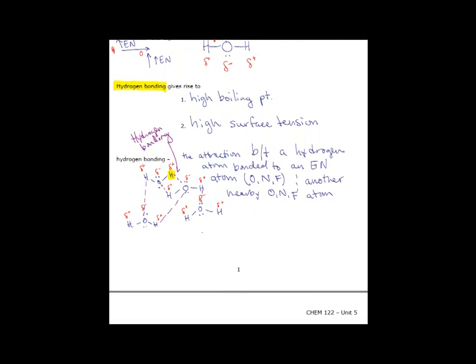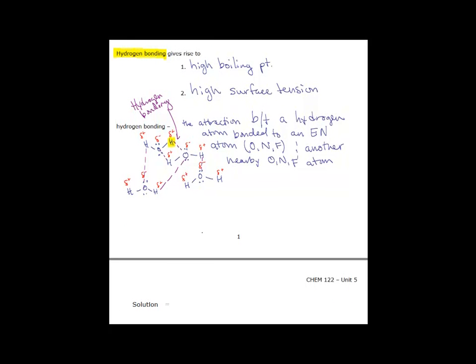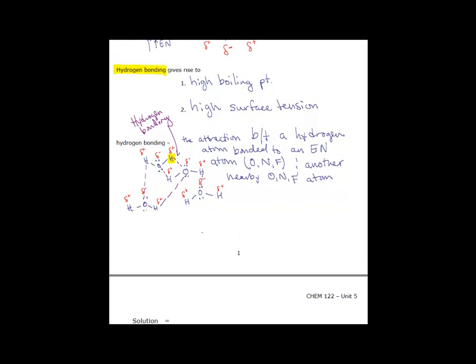I'm going to go over a few examples of molecules that may or may not have hydrogen bonding. So I'm going to ask you a question. I'll do this in a different color. Which of the following can have hydrogen bonding?